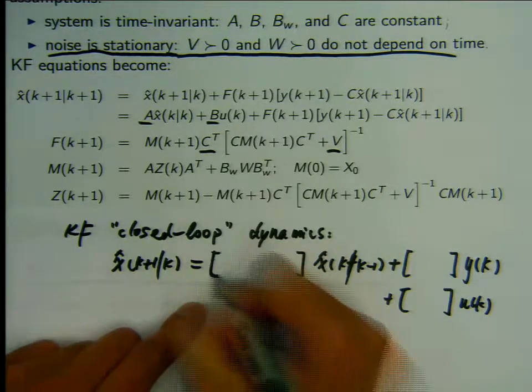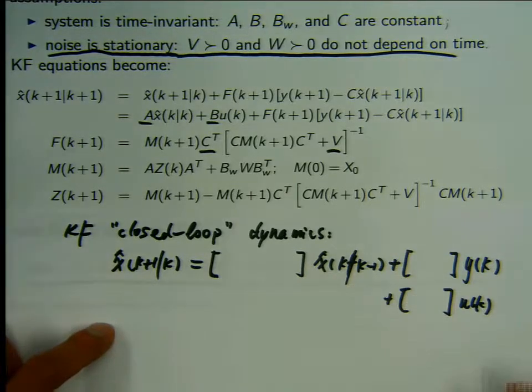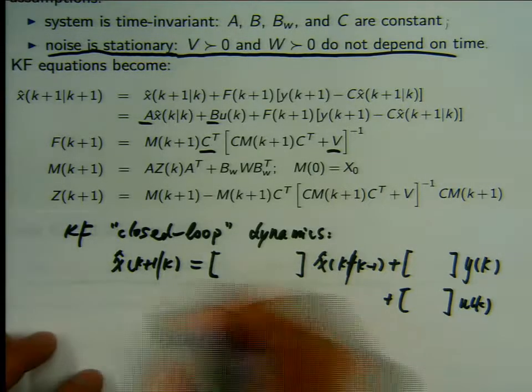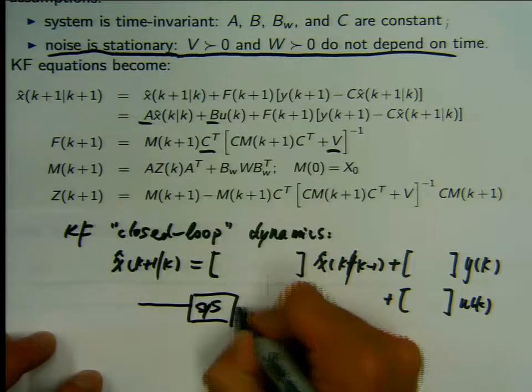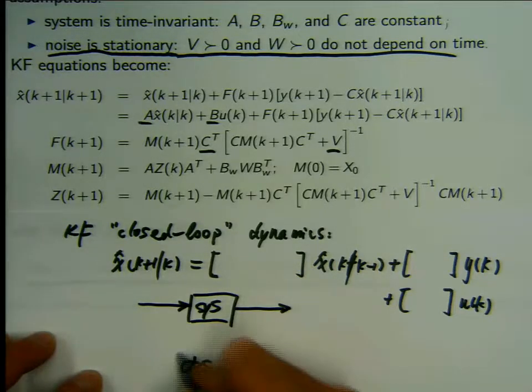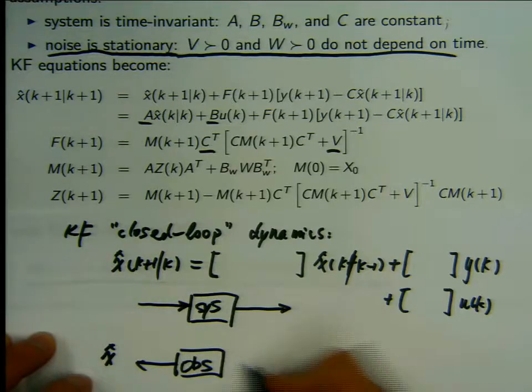The explanation of this equation is like this. What do you think a standard observer looks like? A standard observer, is it a single input, single output system or not? If you want to design an observer for a system, the observer is going to give you estimation of the states.